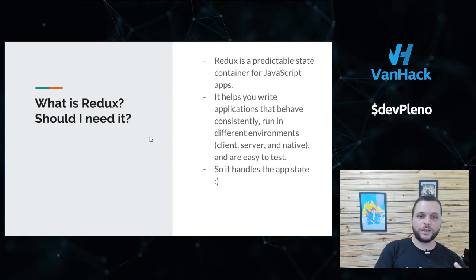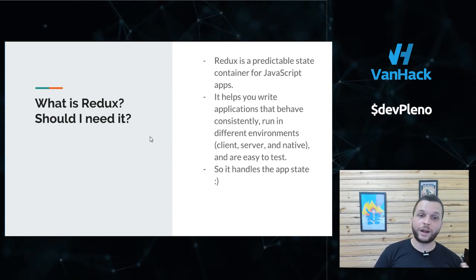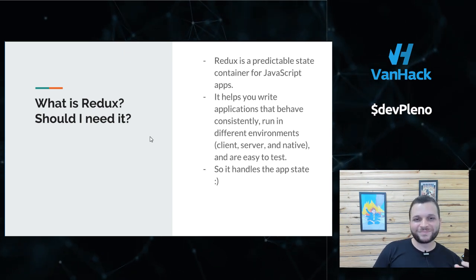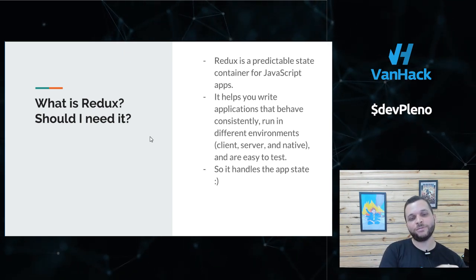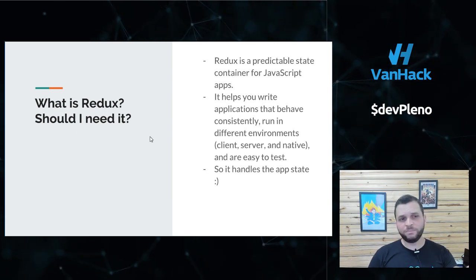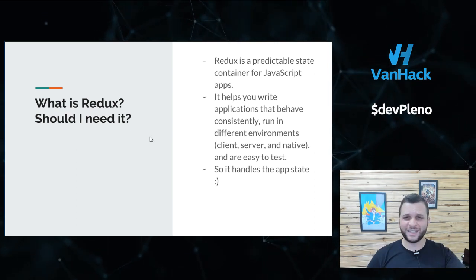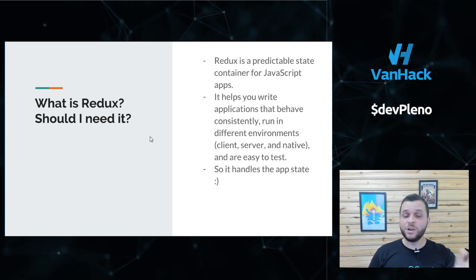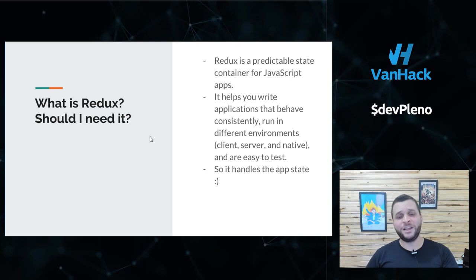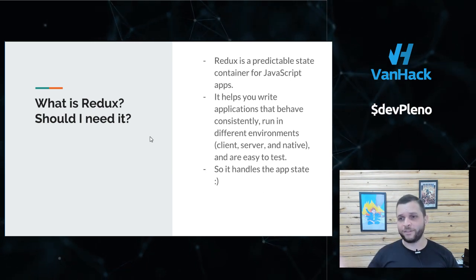And the nice thing about Redux is it helps you write applications that behave consistently. So it's nice because we have this application and we can have the same features and the same story, etc., from Redux, running the same way in client, in server, in native, in VR, in whatever.